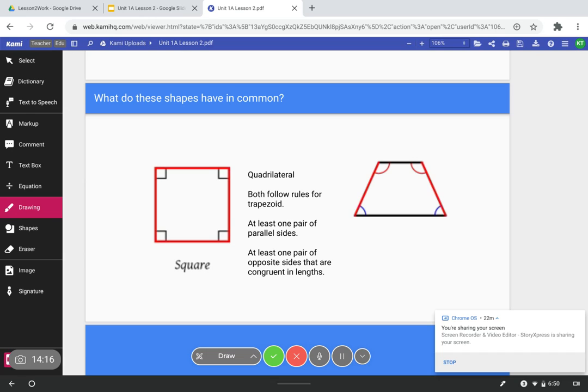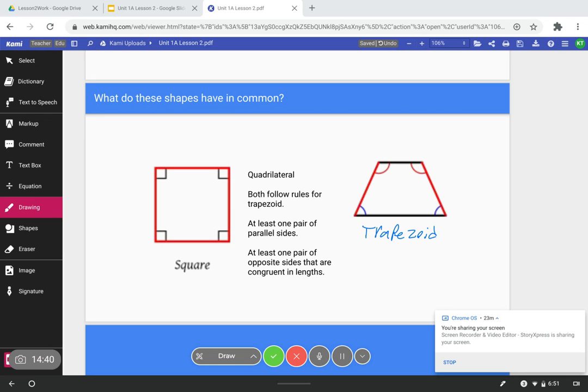We are going to start off with the good stuff. What do they have in common? The picture on the left, we know as a square. And the one on the right, trapezoid. This is your classic picture of a trapezoid. But trapezoids can look like many different things.